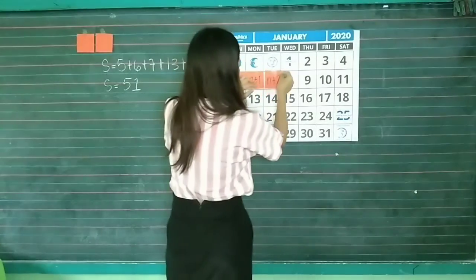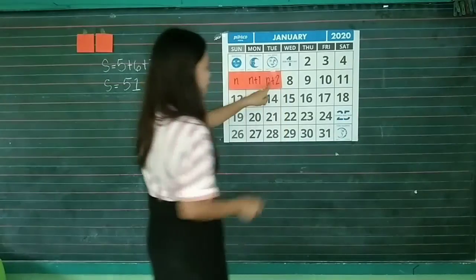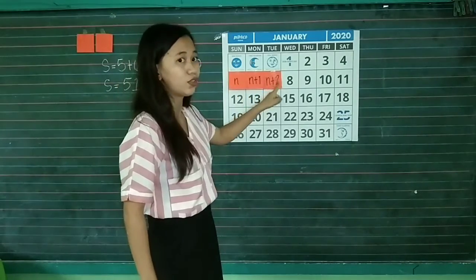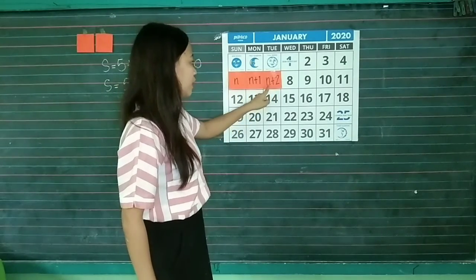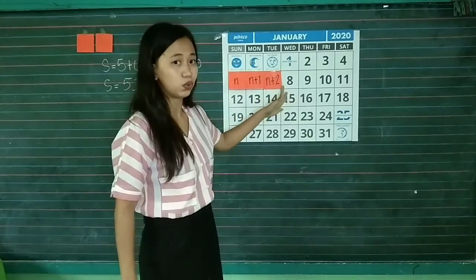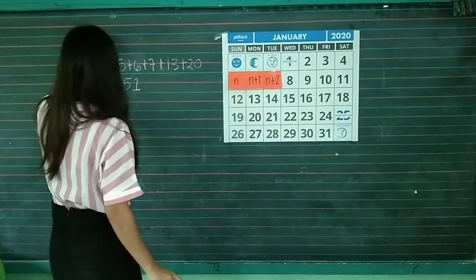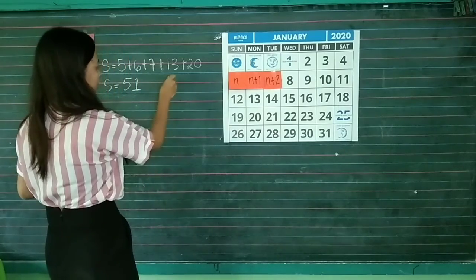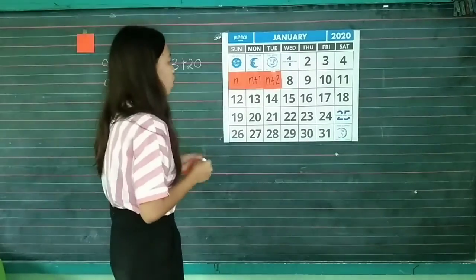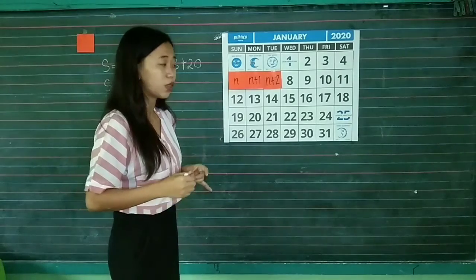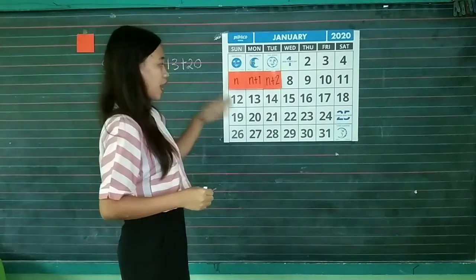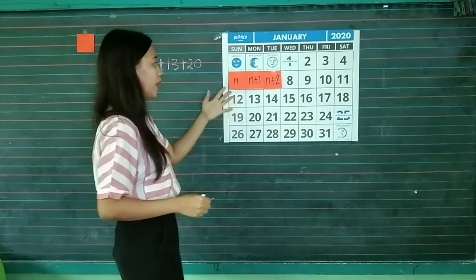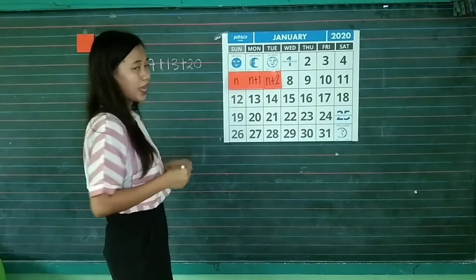Since our n is 5, and the difference of 5 and 7 is 2, our next equation is n plus 2. Okay, next. The fourth number is 13. What is the difference between 5 and 13? When we subtract it, 13 minus 5, we get 8.